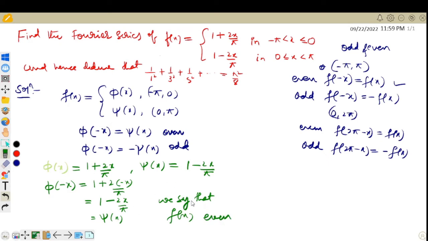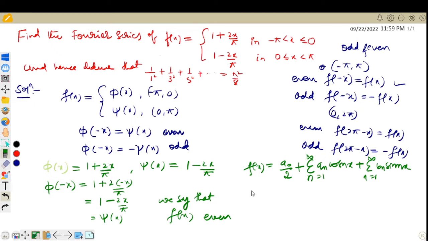What is the advantage of finding that the given function is odd or even? Let me come back here. You know the Fourier series f of x equals a naught by 2 plus summation n from 1 to infinity a n cos n x plus summation n from 1 to infinity b n sin n x.